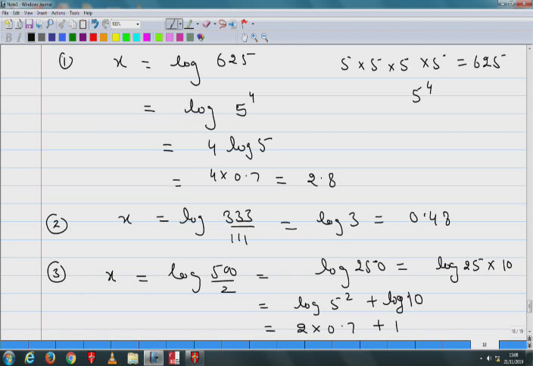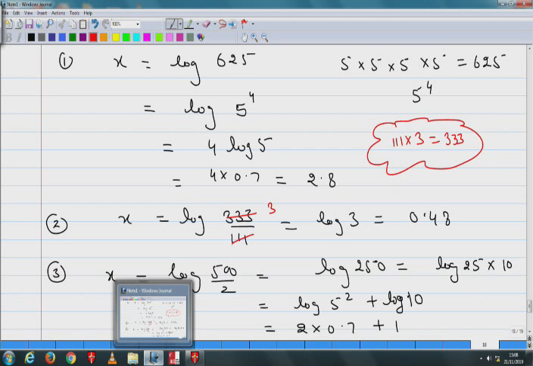See, it is 333, so just divide it. You will get it. Yes, it is.